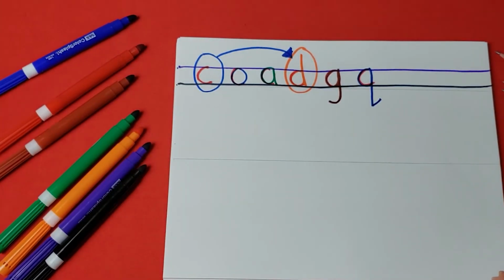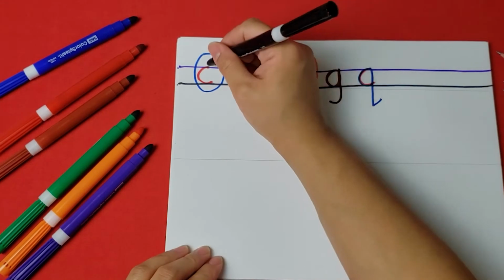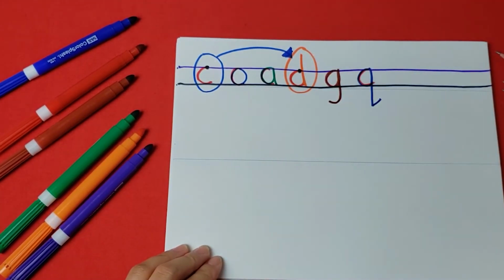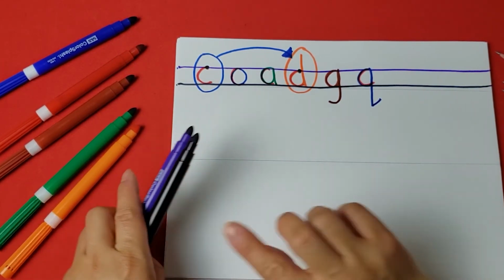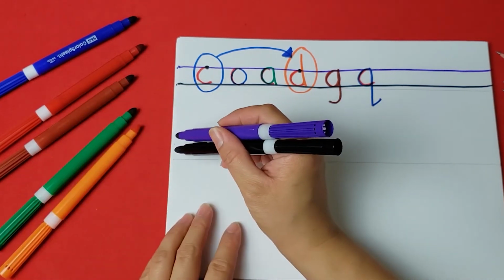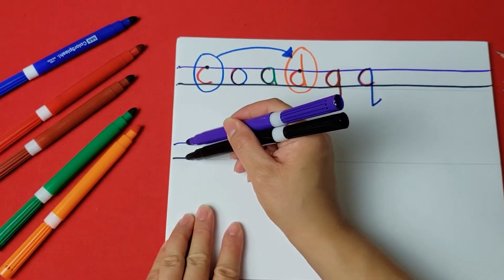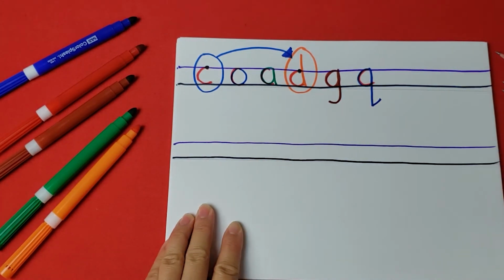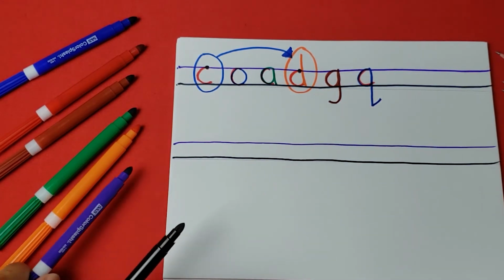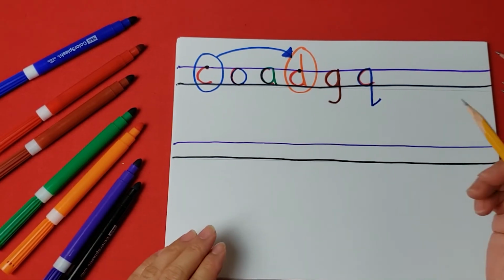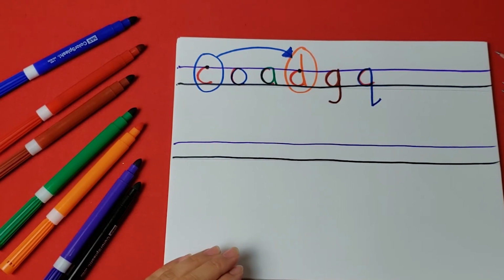As you noticed in this video so far, C starts here at this dot, and it always starts with a circular shape. Okay, so I'm going to make another double wide line at the bottom, and then we will practice your letter D. Okay, we start with the C. We always start with a rounded shape.